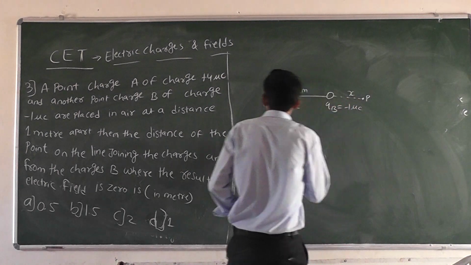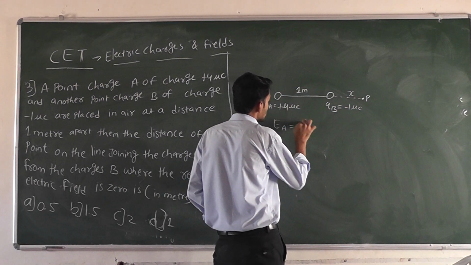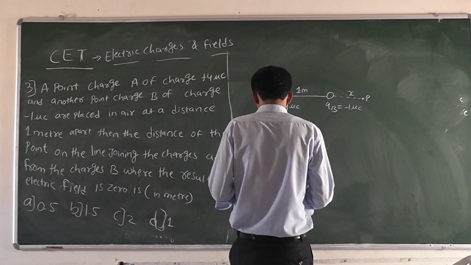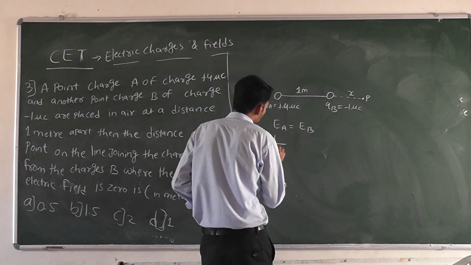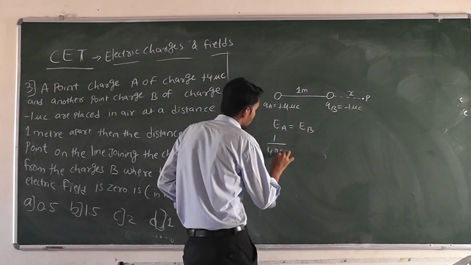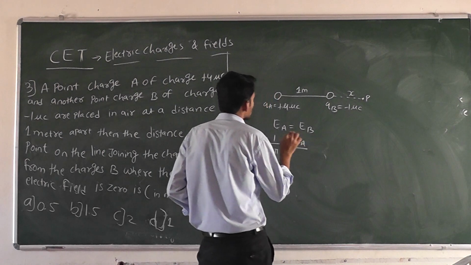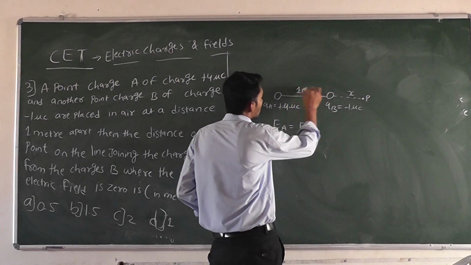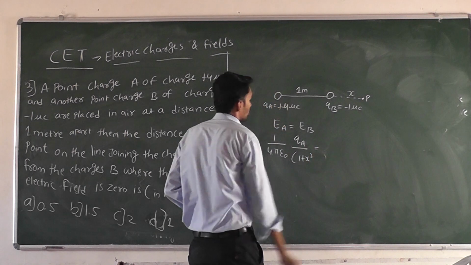So we have to find the null point, where the resultant electric field is 0, so EA is equal to EB. In the theory formula we use 1 by 4 pi epsilon naught QA by R square, where R is the total length from QA, which is 1 plus x, whole square.